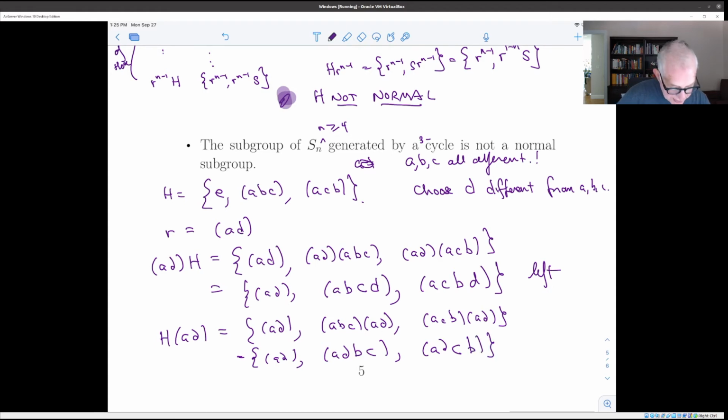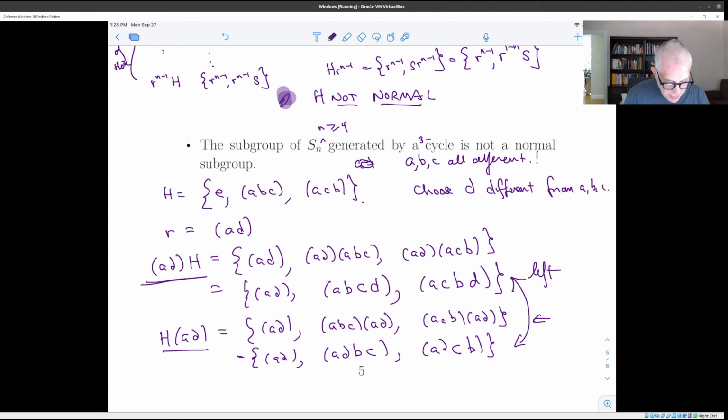And if we compare these two, we see that they are not the same. Because, first of all, the only possible right coset which could be the same as this left coset is this one, because they have an element in common. And so this one here is the only right coset that contains (A D), because if (A D) is in this coset, it can't be in any other coset.